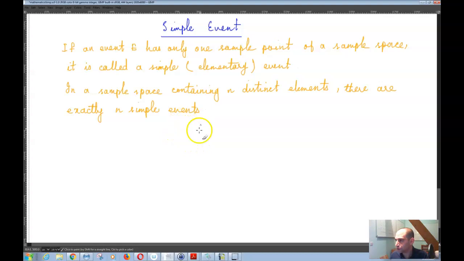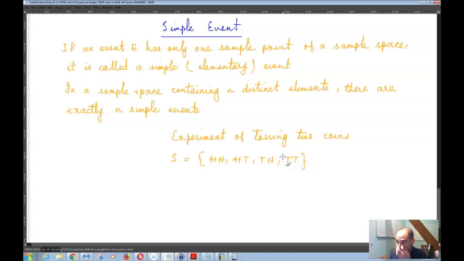For example, in the experiment of tossing two coins, the sample space would be HH, HT, TH, and TT, right?